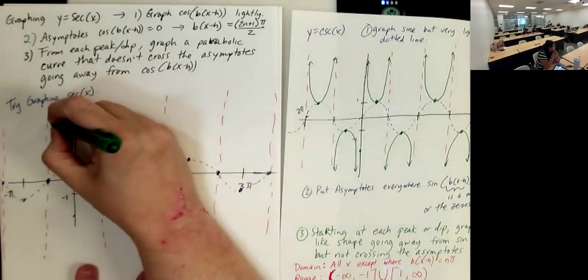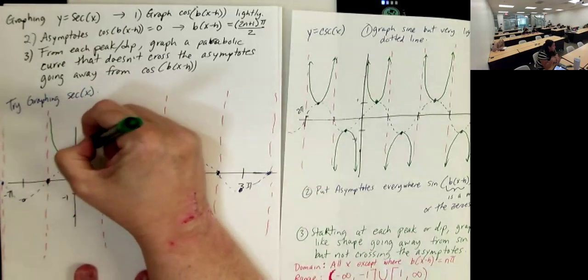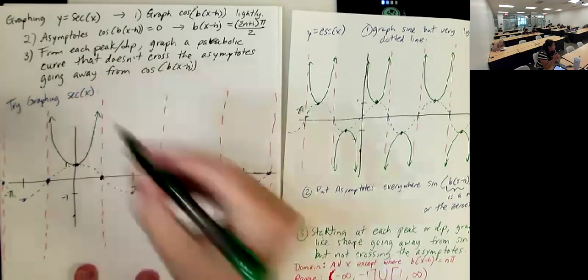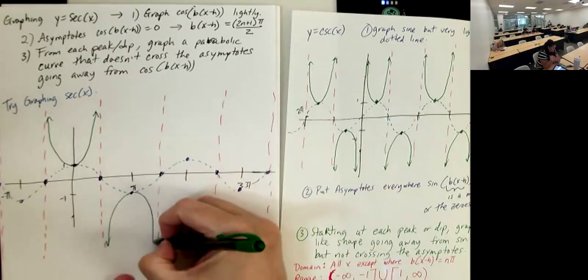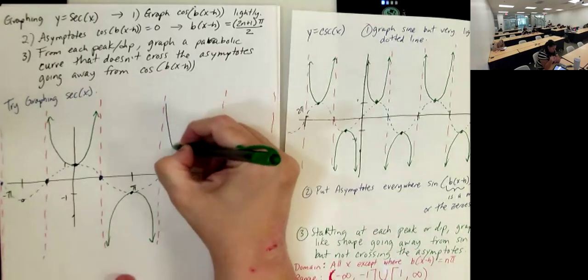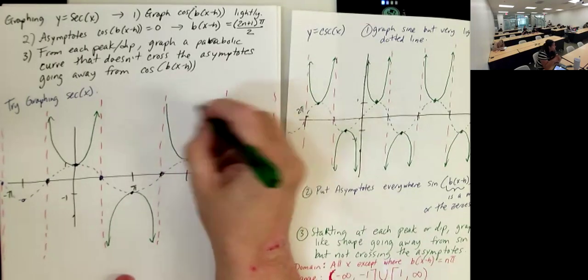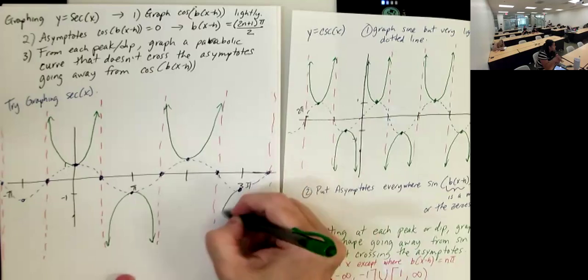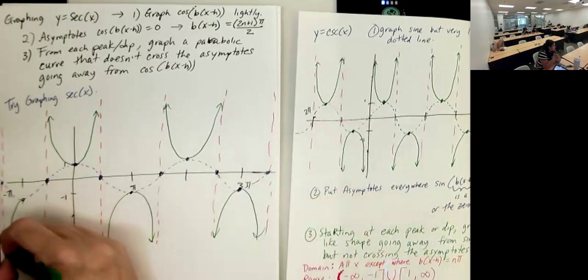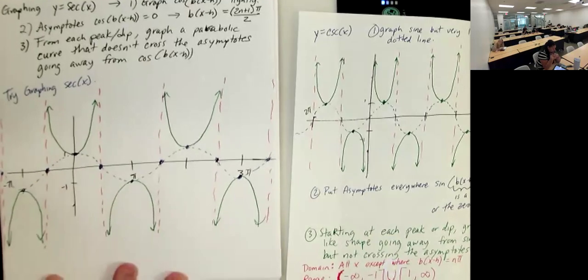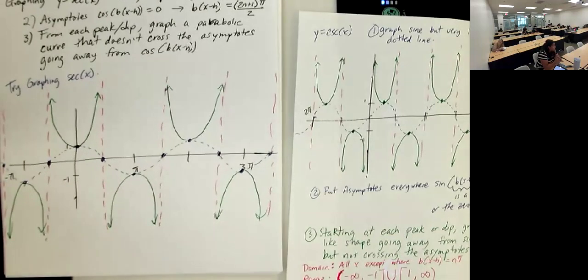And we're gonna graph little parabolas going away from it. And we have secant x.